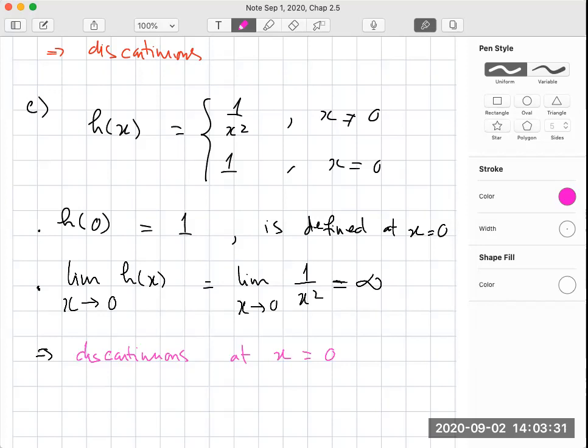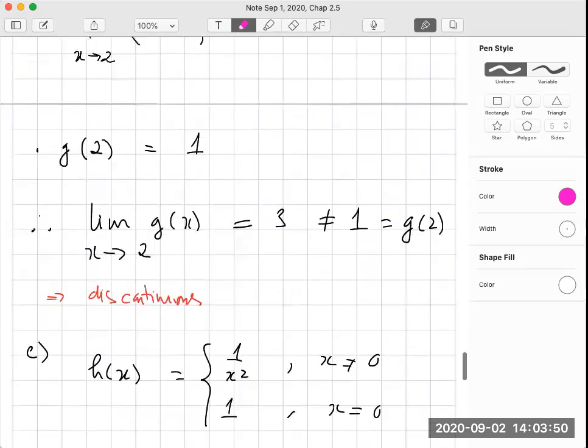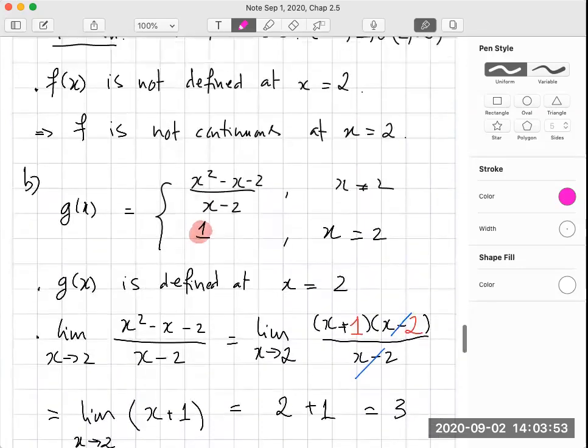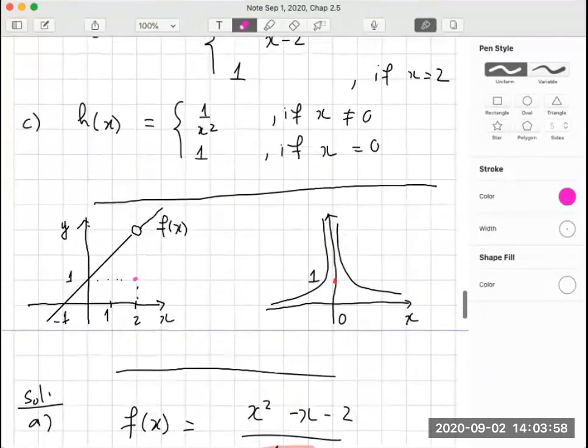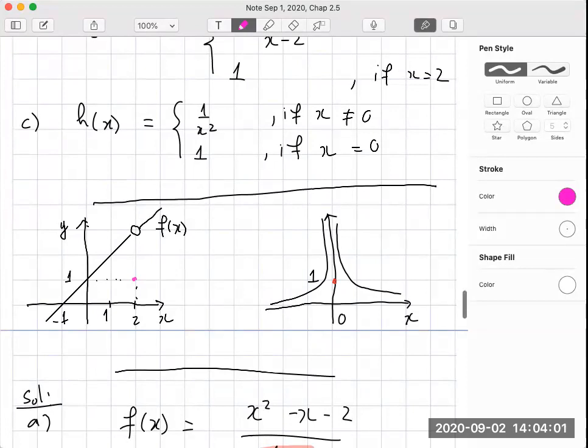So we call these points, this point. This point here, the function f of x is discontinuous at x is equal to 2. And this point, we can remove it, right?